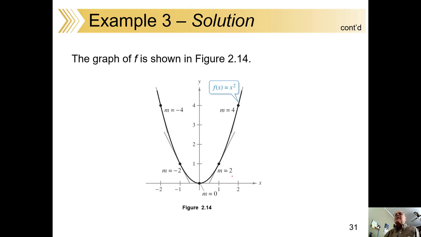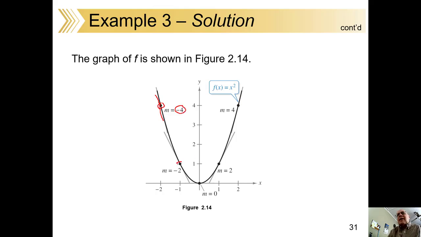And steepness means slope. For example, over here at the first point, if we try to draw a tangent line, you can see right away that's pretty steep. And it's going down, so it's got a negative slope, and so the -4 makes sense.